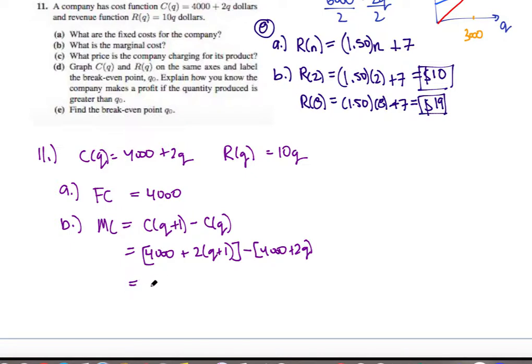So if I go through this process, I see 4,000 plus 2Q plus 2 minus 4,000 minus 2Q. And so I see that 2Q goes away, 4,000 goes away, and I'm just left with a marginal cost of 2. I will remind you, however, that for a linear cost function, the marginal cost is simply the slope of that cost function.